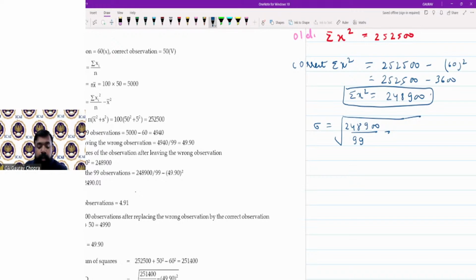So what was the correct x bar? 49.9. This was the correct x bar. Now you can simplify this and get the correct standard deviation.